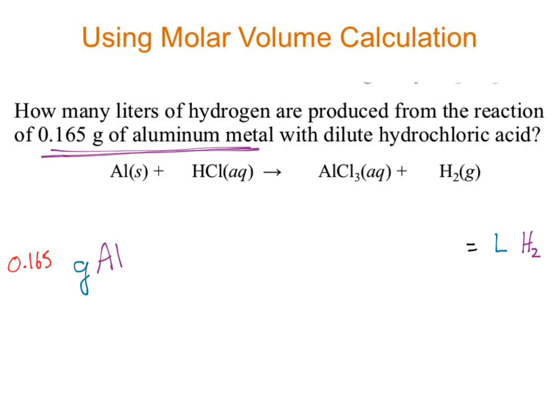We now have to figure out how to convert. The very first thing we could do, and this is where you can start to do things by inspection: grams of aluminum, liters of hydrogen. We're changing the unit and the substance. Am I allowed to do that? No. So first step, when in doubt, mole it out.